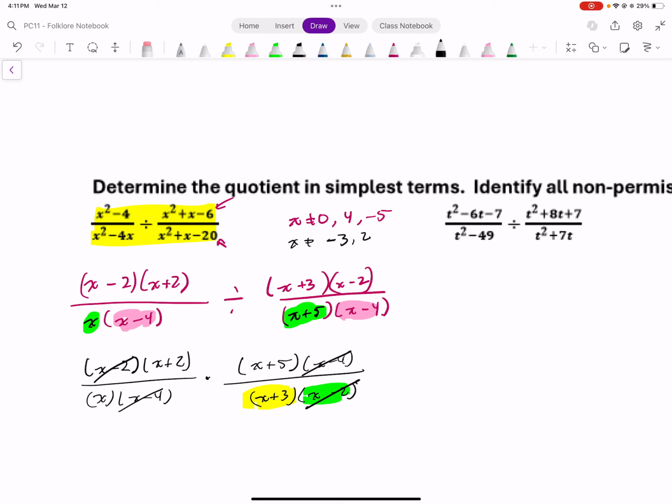In fact, no. So the numerator, I could write as x plus 2 times x plus 5. Those are the two factors that were not canceled out. In the denominator, I could write it as x and x plus 3. Keep in mind, those are my non-permissible values.